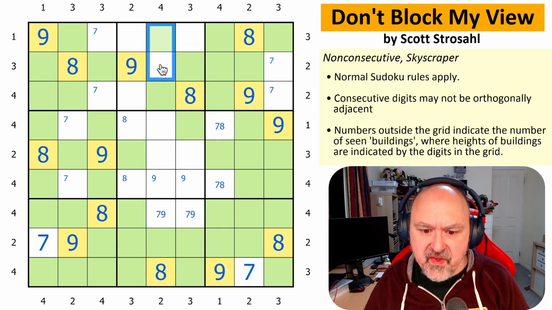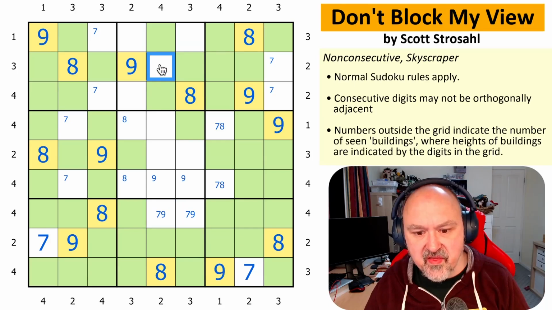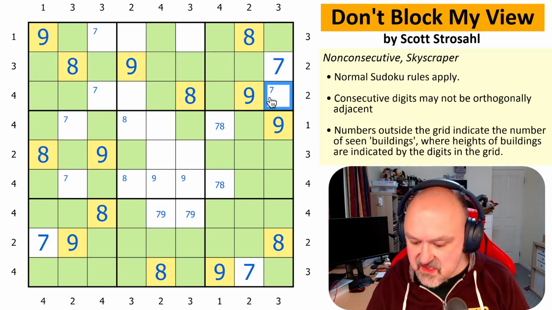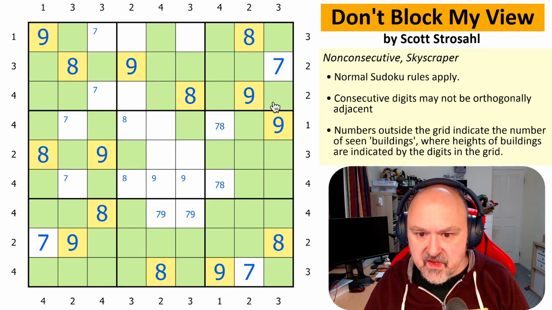And I go something 7, 9, and I can't put anything between the 7 and the 9. That can't be a 7, which means in this row, that's the 7. This is absolutely insane. Scott is a master puzzle setter. He really is.